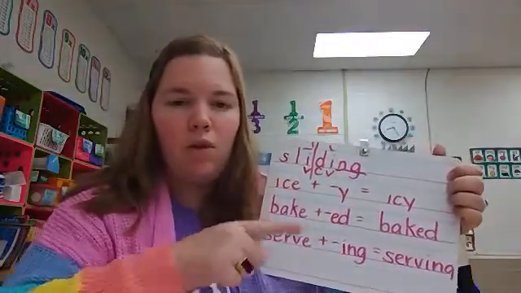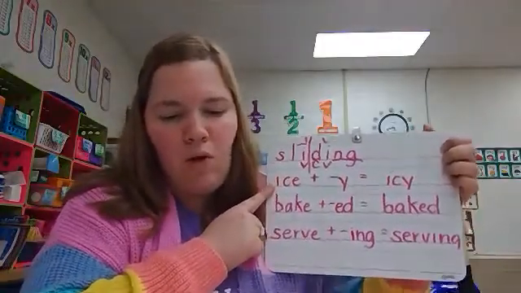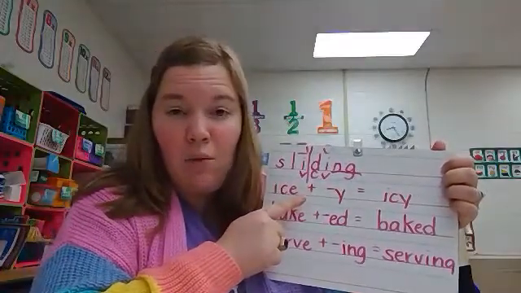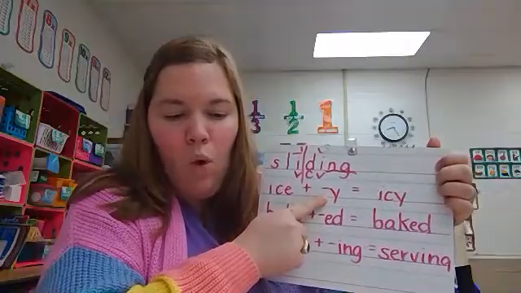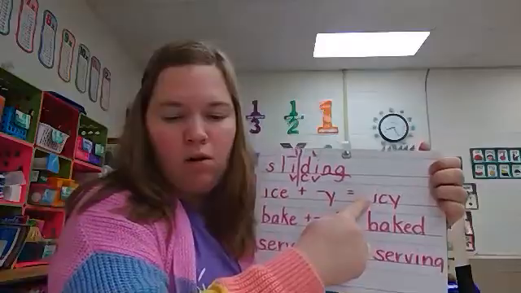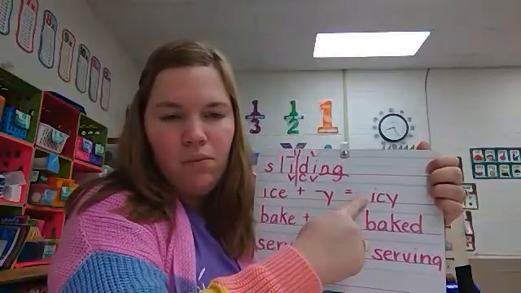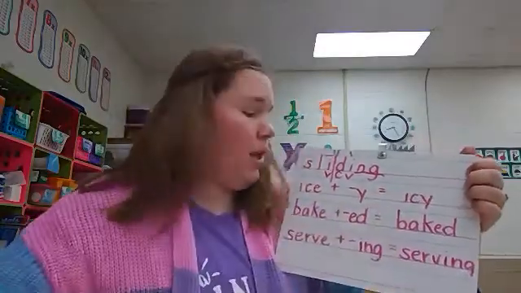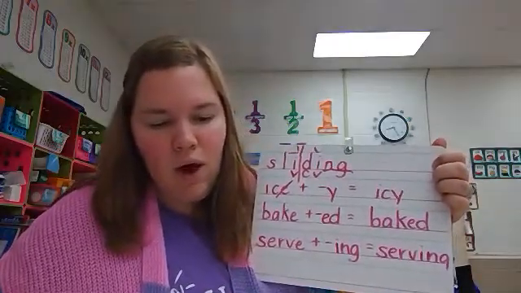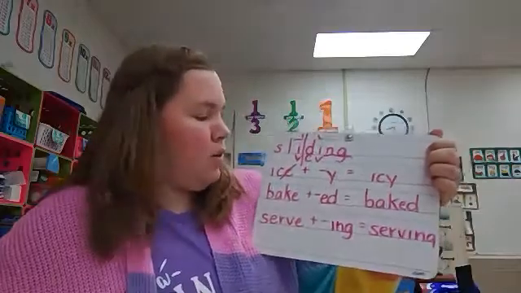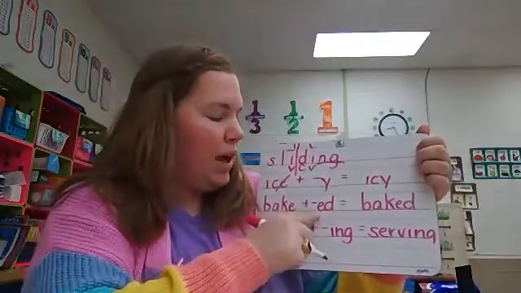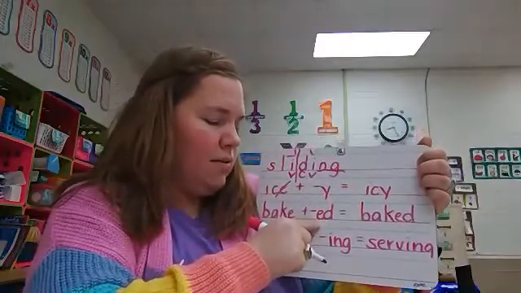So let's look at what's happening here. We're going to start with the root word. Okay, we're going to start with ice. And the plus sign tells us that we're going to add suffix Y. So what do you notice about the final word? We dropped the E. The E is taken away. Let's look at other examples. So we have the root word bake, and we're adding suffix ed.